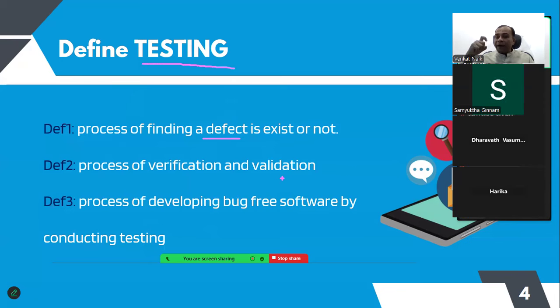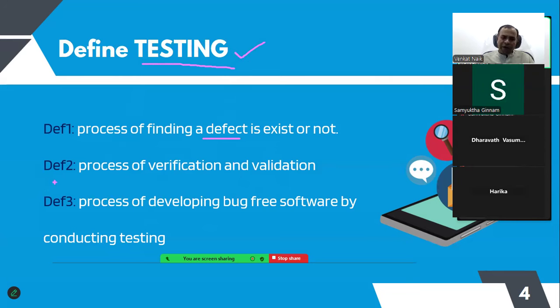Defect means errors. Defect means failures. All these bugs are going to be checked when the product is under test at a client side or at a development location. Check whether the product has defects or not. That is the process of testing.